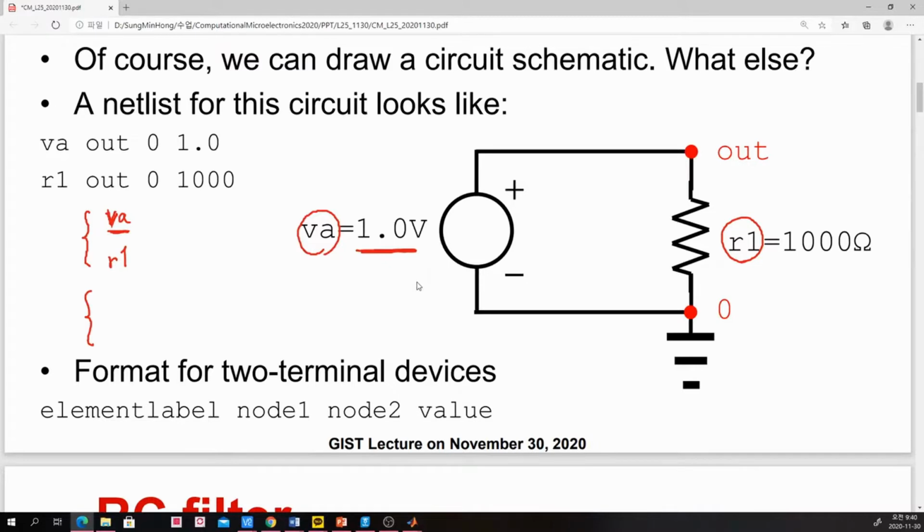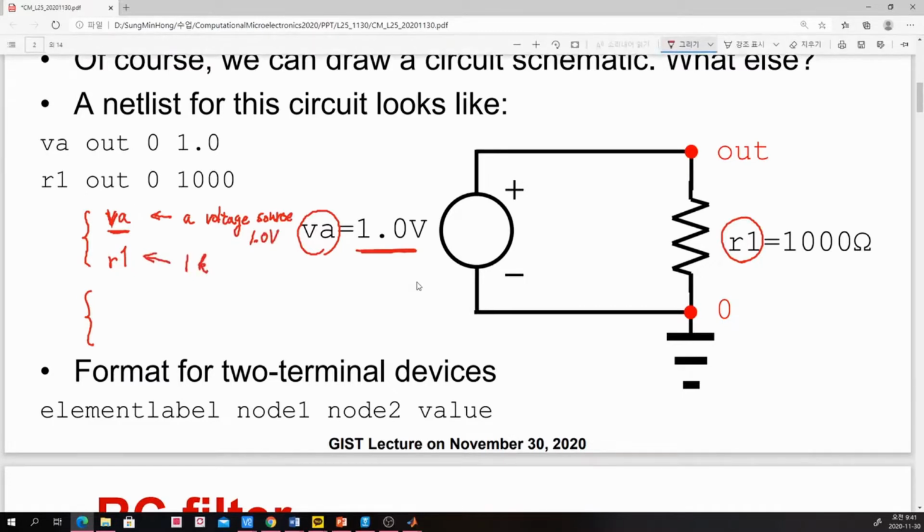I want to specify it that way. This one is a voltage source whose magnitude is 1.0 volt, and this is a 1 kilo ohm resistor. I wanted to say so. That is one thing. This is the description of each circuit element.